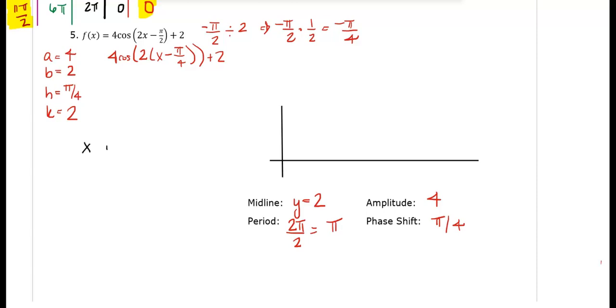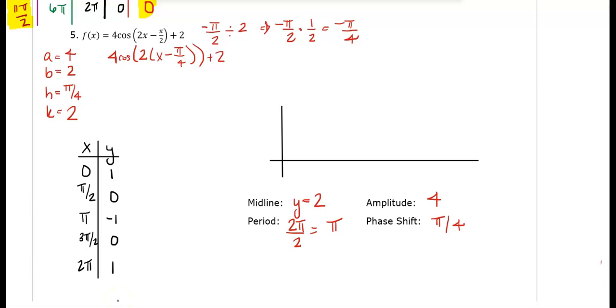So I've got X, Y, and we can go ahead and fill in the information. So this is cosine, and we're going to go 0, pi/2, pi, 3 pi/2, and 2 pi. And then cosine is 1, 0, -1, 0, 1.